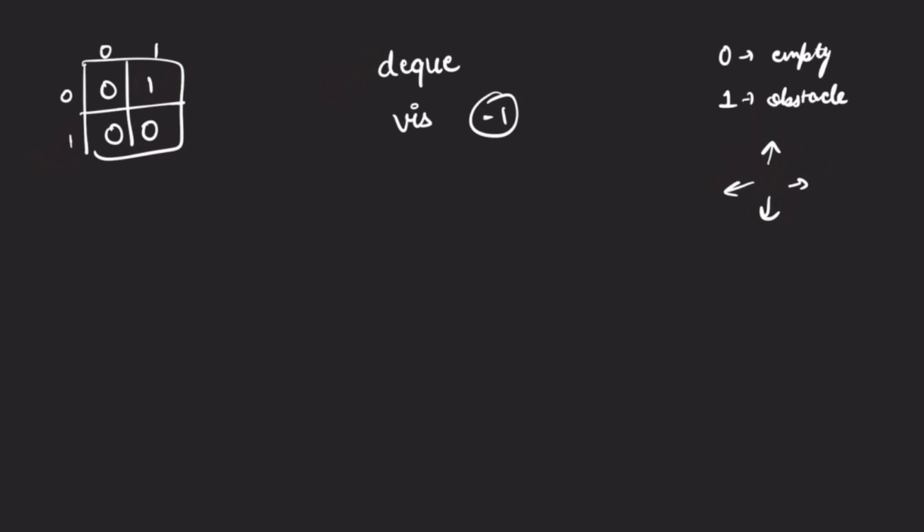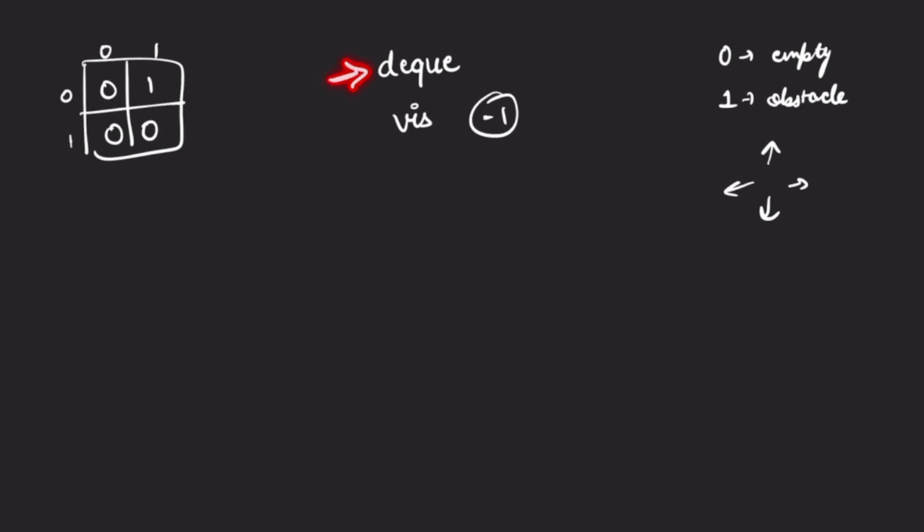Now, what all things do we need to push in the DQ? Since we are pushing the cell, we definitely need the row and column. But we also need to know how many obstacles we have removed till this particular cell, because ultimately my goal is to return the minimum number of obstacles removed.